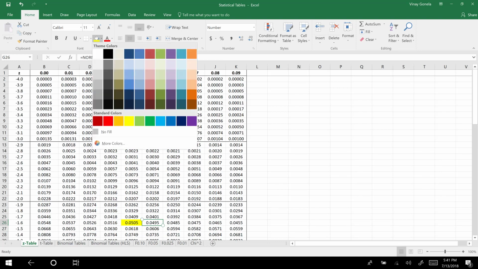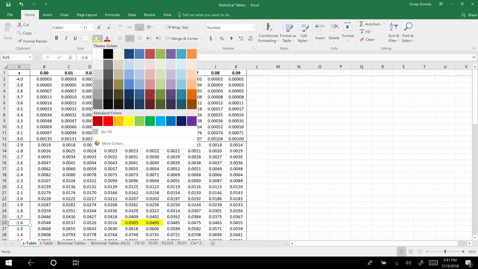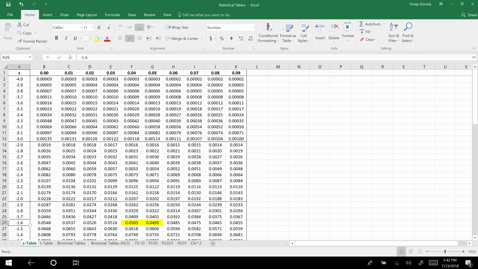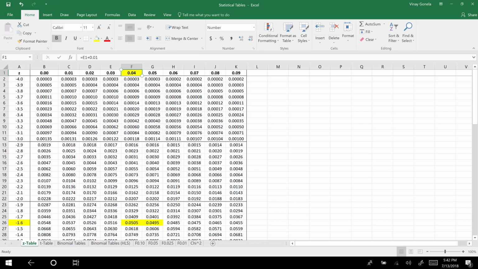So we can take either negative 1.64 or negative 1.65. We can take any one of them.